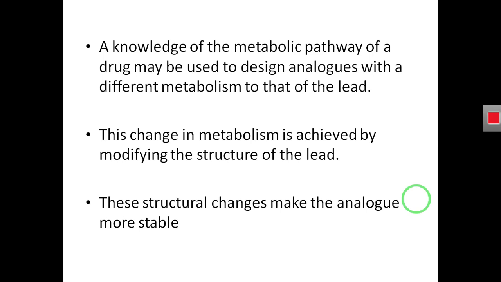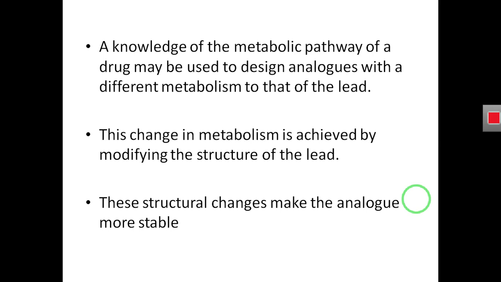And then the drug will be available for phase 2 metabolism, and it will go to the liver cytosol. In the liver cytosol, the phase 2 reaction takes place with the phenolic anti-cancer drug.